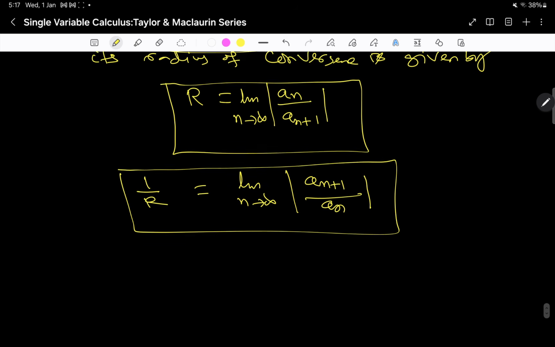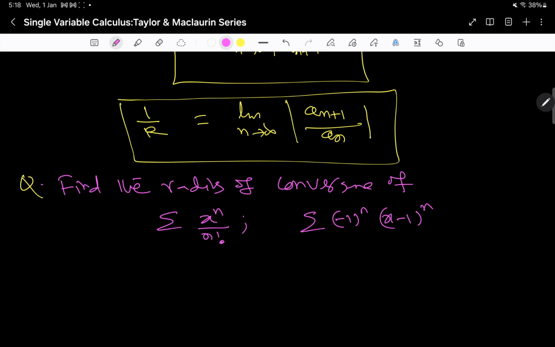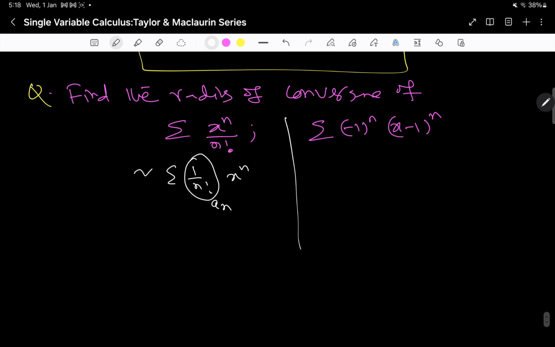If I really want to find the radius of convergence of some simple series, let us consider some examples as follows. Suppose you are asked to find the radius of convergence of such a series. Here this series is of the form (1/n!) x^n. This is my an, so what is my an+1? My an+1 is 1/(n+1)!.